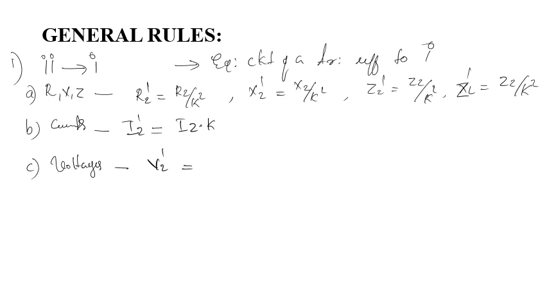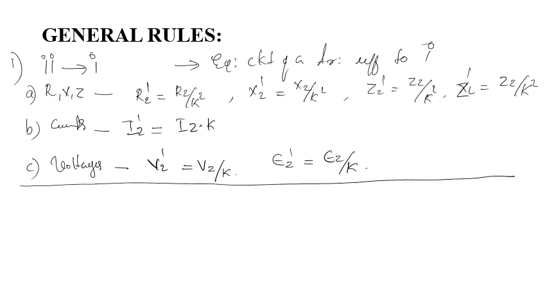V2 dash will be equal to V2 divided by K. And similarly, secondary induced voltage E2 dash will be equal to E2 divided by K. These are the rules that we have to follow when we convert all the secondary parameters to the primary side.